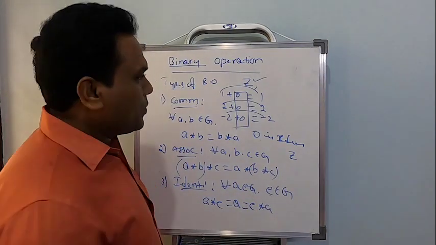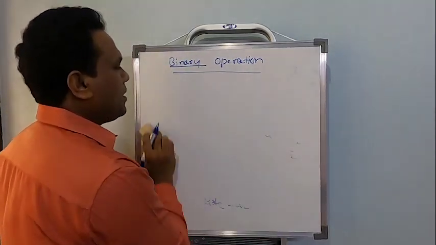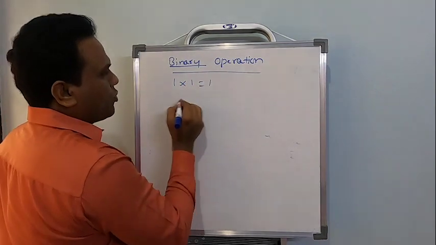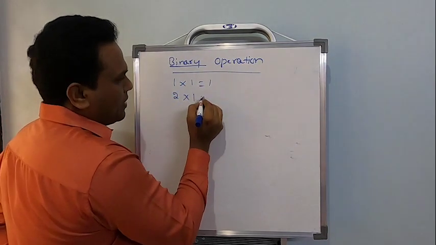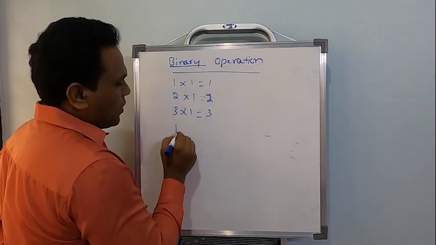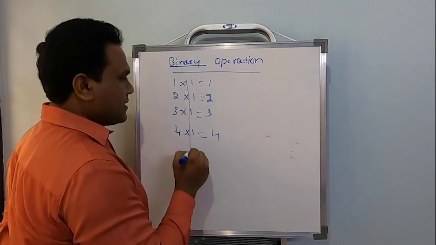Clear? Right. In the same way, if you want one more example for identity: 1 multiplied by 1 will be equal to 1. 2 multiplied by 1 equal to 2. 3 multiplied by 1 equal to 3. 4 multiplied by 1 equal to 4, correct, right? So what can I say?